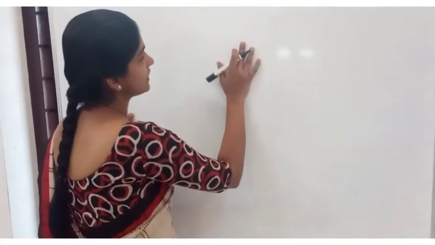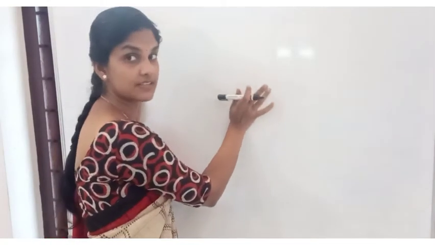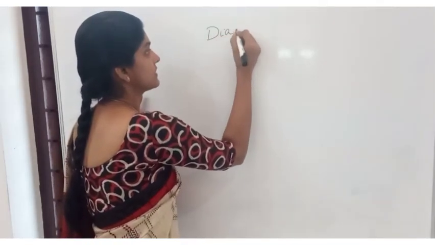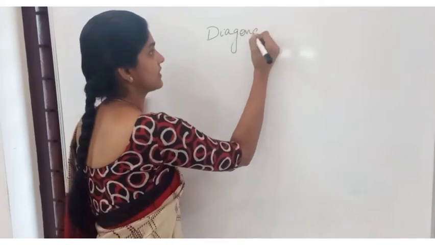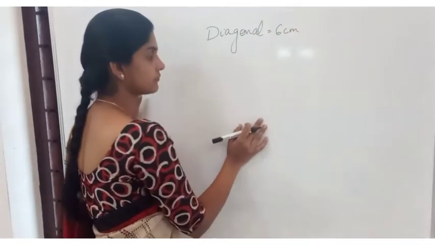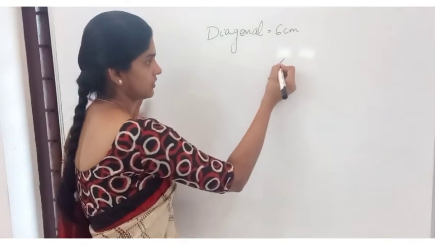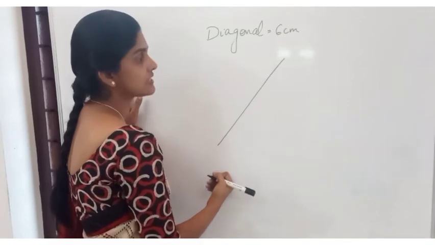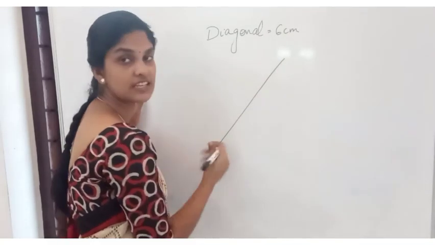We shall take the diagonal of the rectangle as 6 centimeter itself. Okay. So the measure of the diagonal is 6 centimeters. Now draw a line of 6 centimeters.